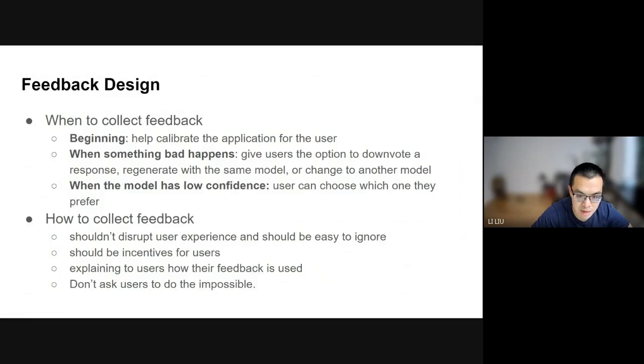When something bad happens, you can give the user the option to regenerate or change to another model. Or when the model has low confidence, the user can also choose which one they prefer. This is actually a technique that OpenAI and Gemini use a lot.